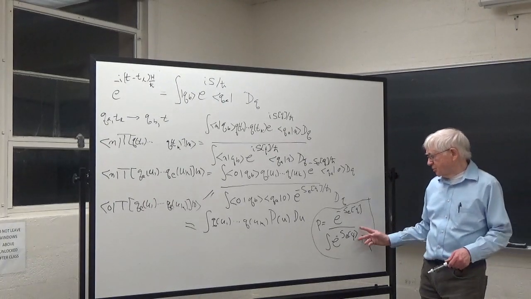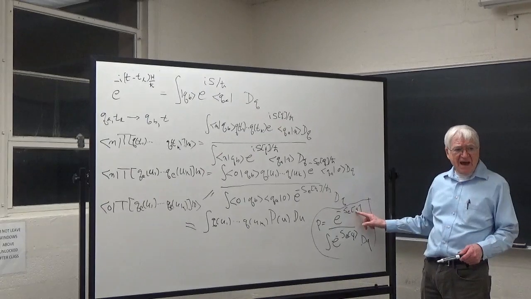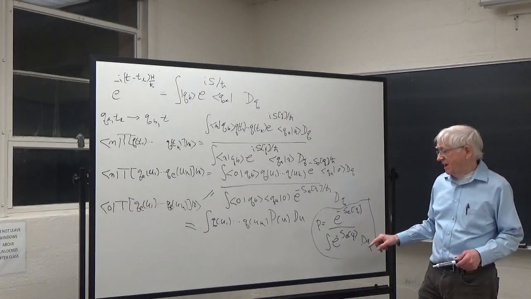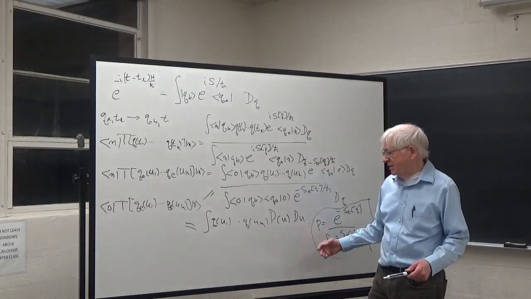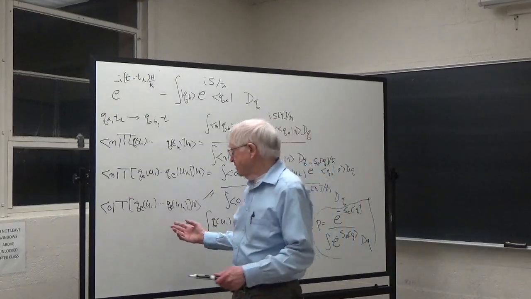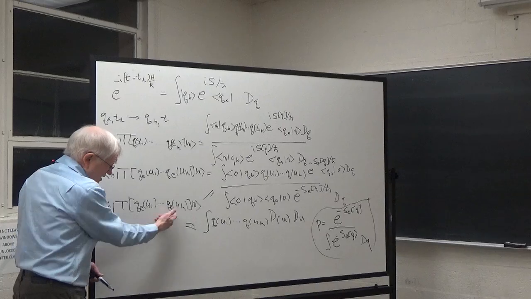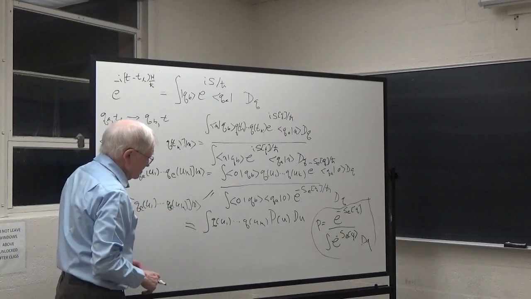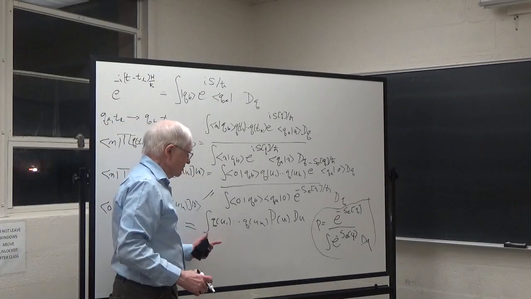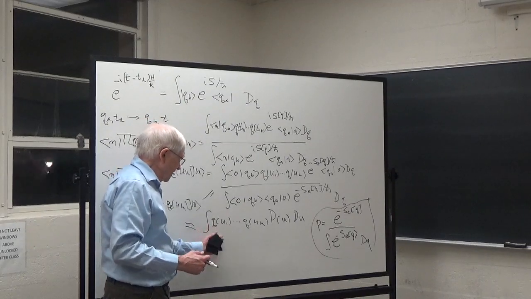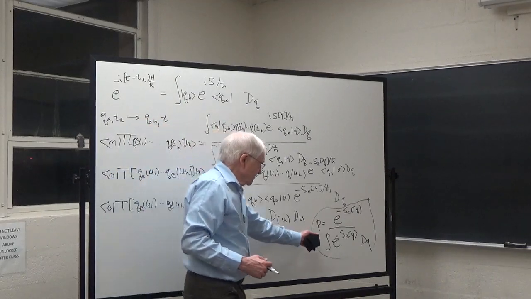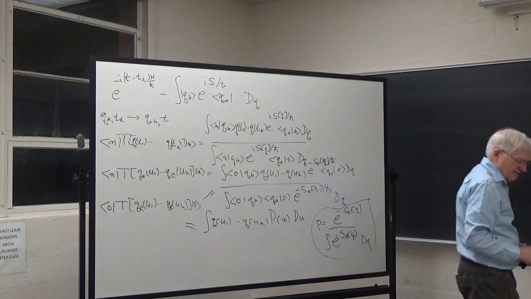In other words, this is the probability for a certain set of paths, and if you integrate over that set of paths, this Euclidean time-ordered product of these q's is just the expected value, or the mean value, of these q's in this functional probability distribution.